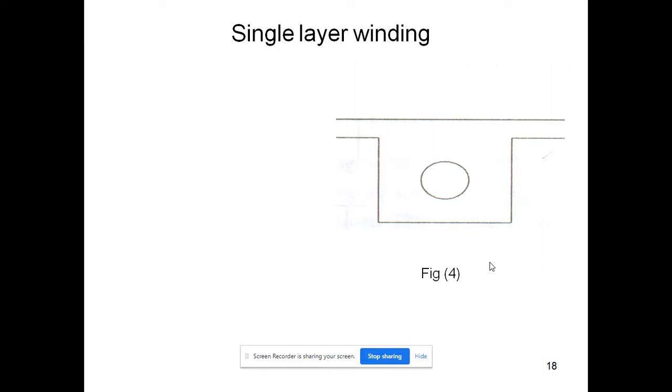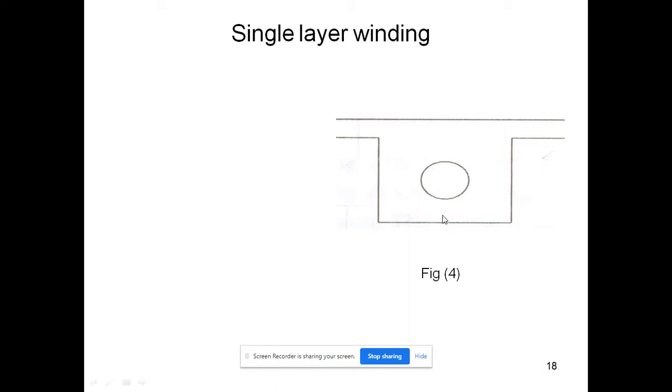Now, the next important term is single layer winding. The name itself indicates that it is a single layer, meaning there will be only one conductor in one slot.